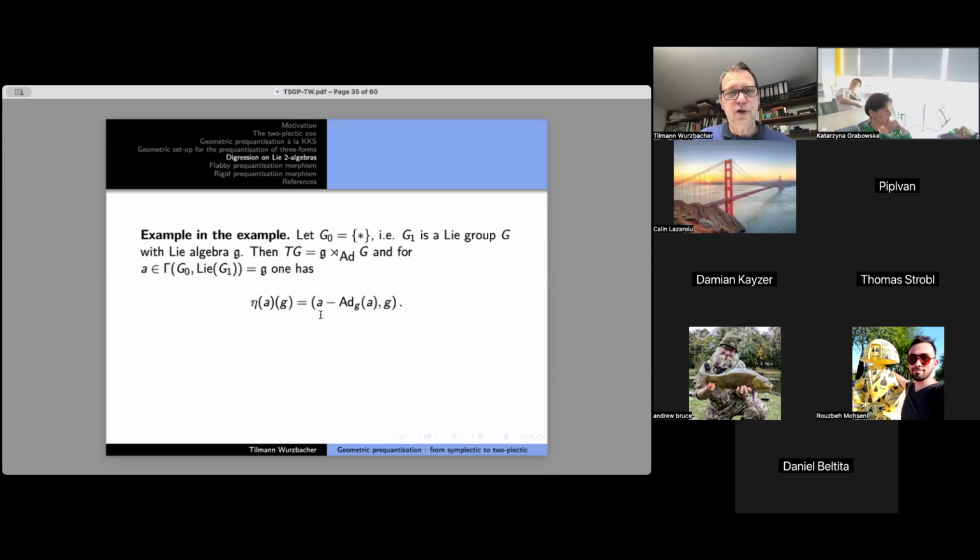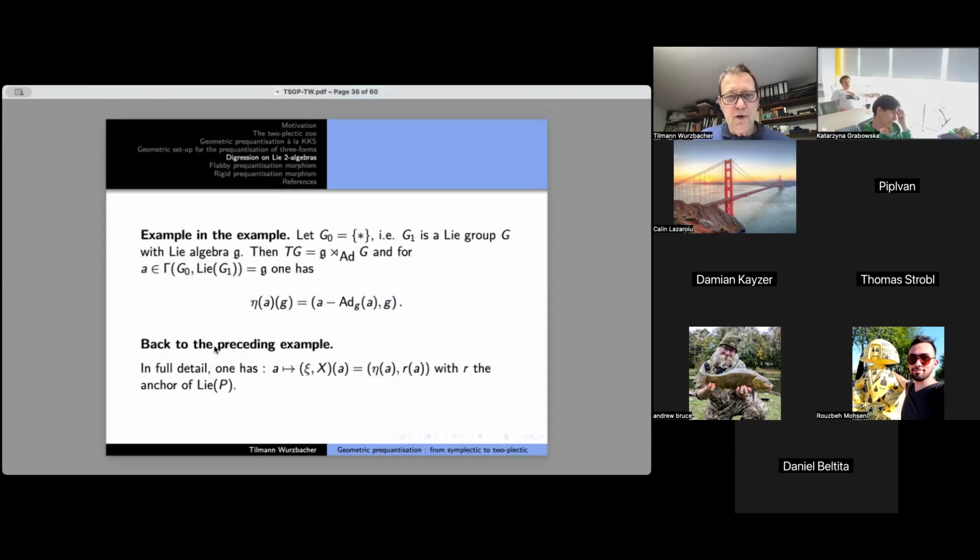In the trivialization, it's always A. And on the other side, if I trivialize by left invariant vector fields, the right invariant vector field associated to an element of the Lie algebra at the point G is written as the adjoint action of G on A. The minus is because of my inverse, and G is just the point G. So this is just the multiplicative vector field in the group case.